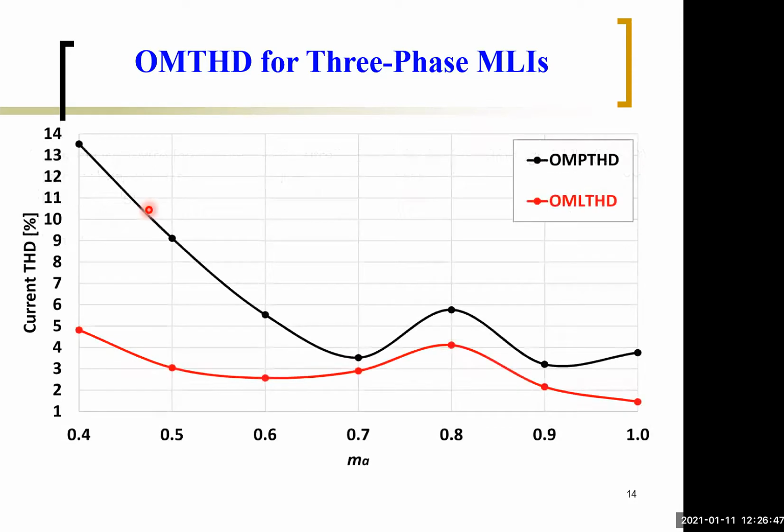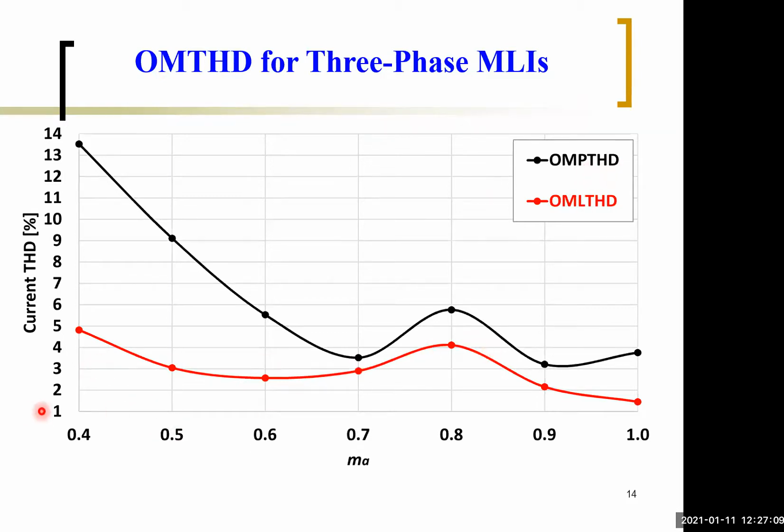Let's look at experimental results. Here we have current THD values measured with an FFT-based oscilloscope. This is the modulation depth, modulation index, and the black curve is the current THD when the multilevel inverter was optimized with OM-THD applied to phase voltage.